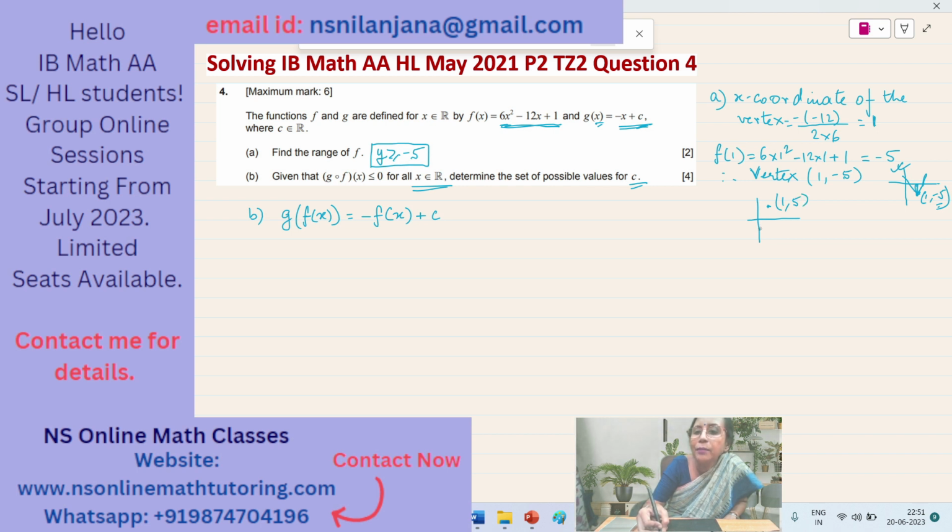This will be negative 1, suppose, the y-intercept. The parabola will be of this shape. After reflection, I have not taken the c now. I have just considered the f of x getting reflected in the x-axis.